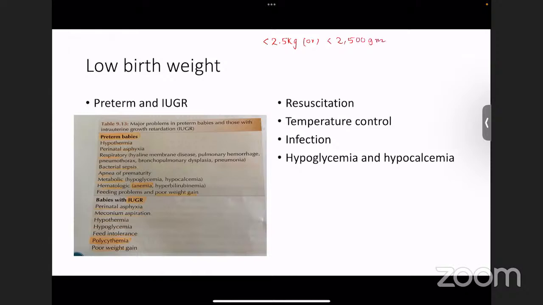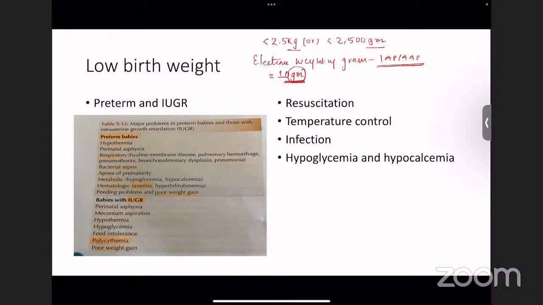If the examiner asks in what unit you will describe the weight of the baby, whether kilogram or gram: as you know, the electronic weighing machine, as per the IAP, AAP society guideline, should have an accuracy of plus or minus 10 grams. So they are prescribing it in grams.